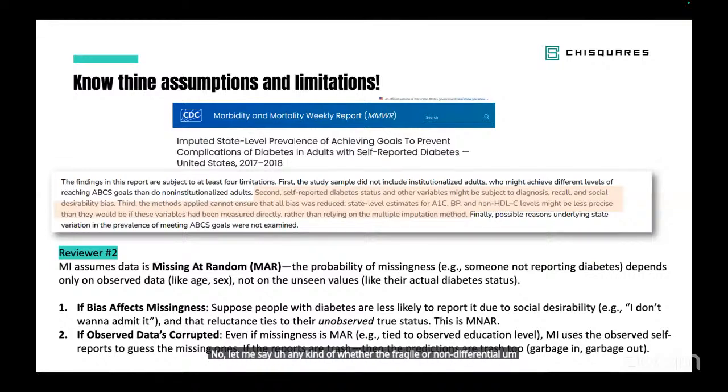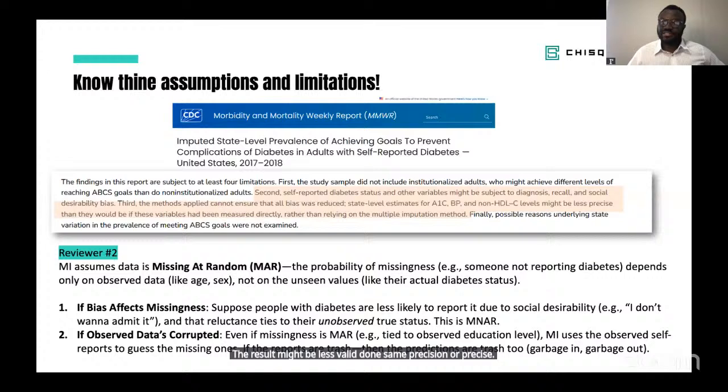There's bias already, because you introduced multiple imputation. That will affect validity, right? Not precision. So I thought they would rather have said the result might be less valid than precise.